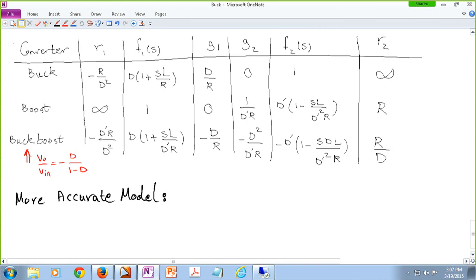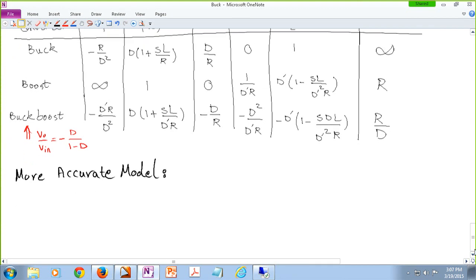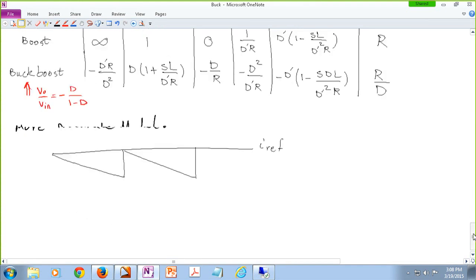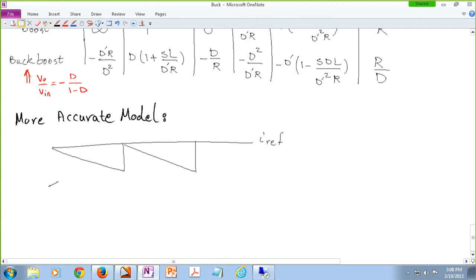In the more accurate model, they don't make this assumption. Technically they start from this very basic structure or logic behind current mode control: this is your reference, this is the external ramp, and this is the inductor current.